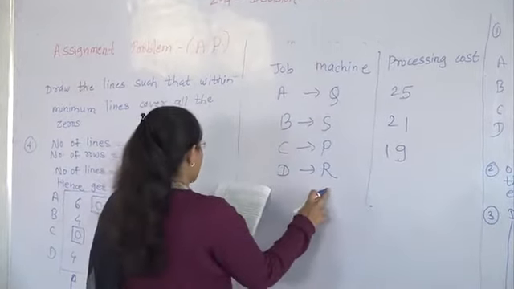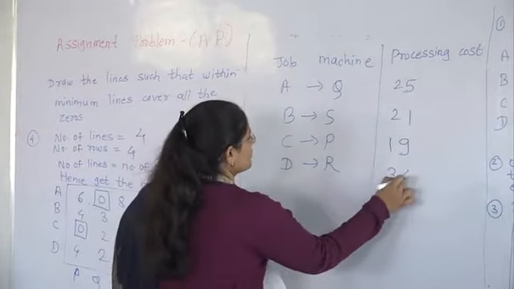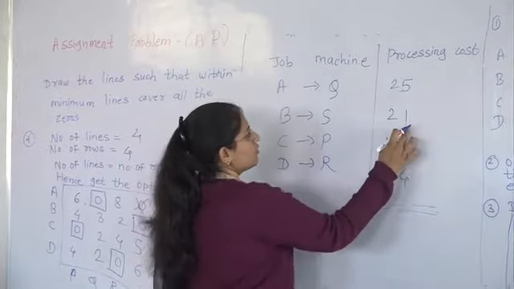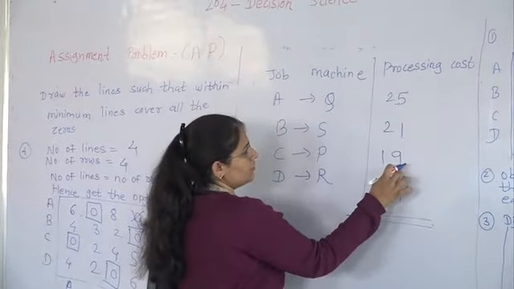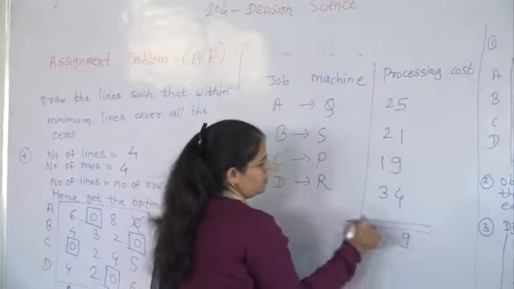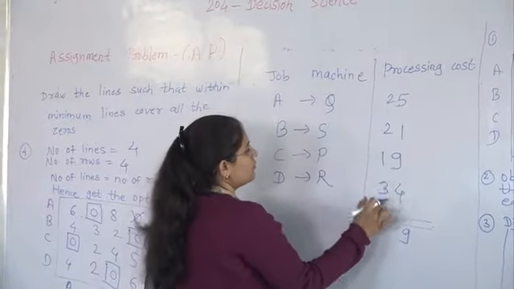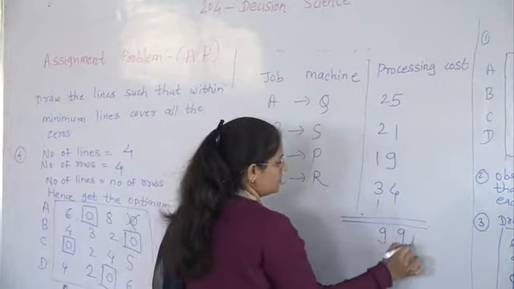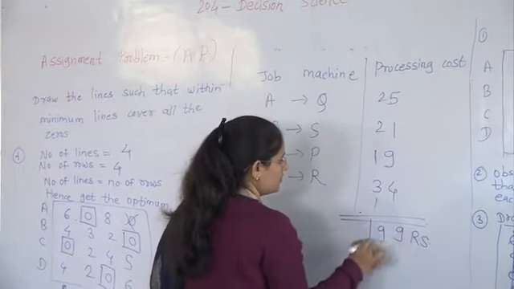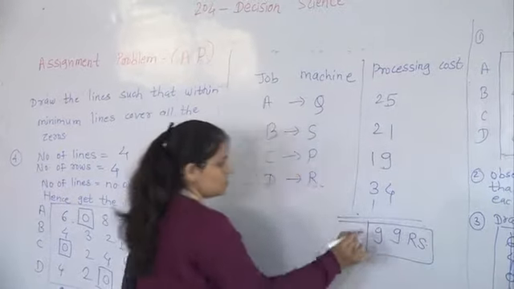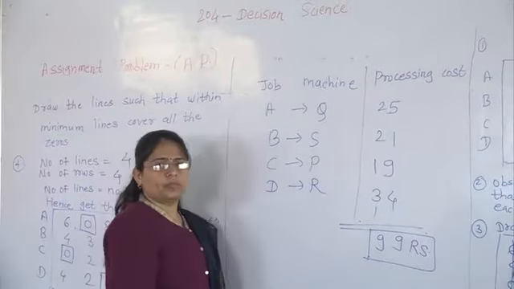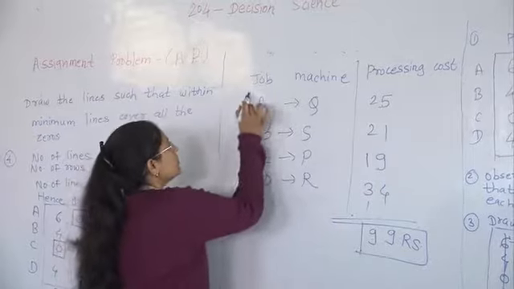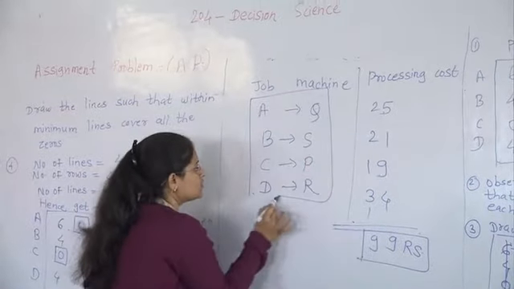D to R, 30. Yes, what is the total? 5, 6, 15, 4, 5, 7, 99 rupees is the processing cost if you allocate jobs and machines this way.